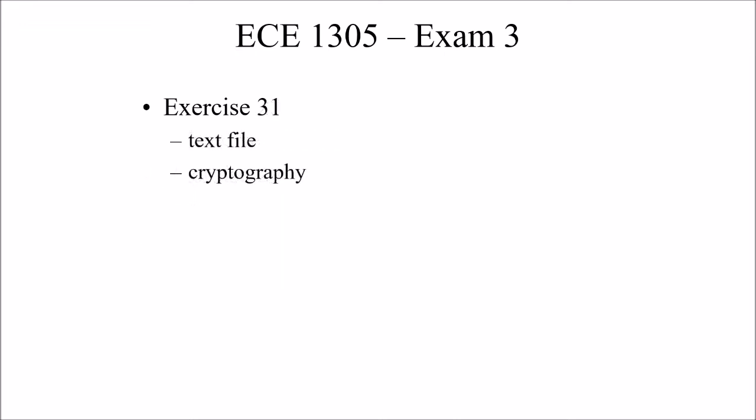And exercise 31 is where you read in a text file, and then based on the number of characters in the file, you either came up with a code to encode it into some kind of secret code, or you came up with the decoding algorithm to decode it into readable English.